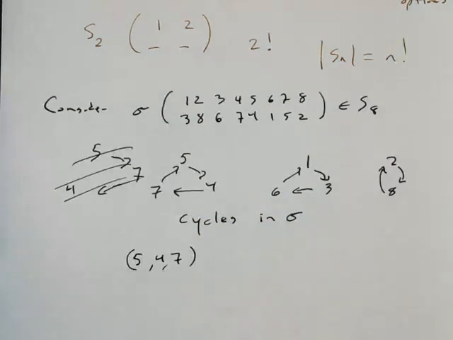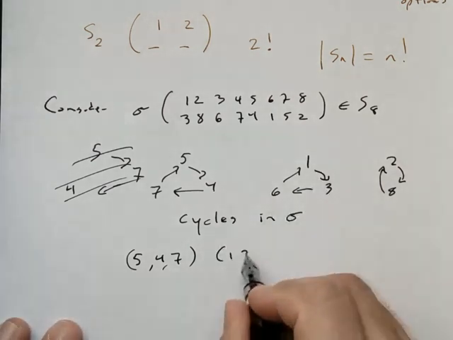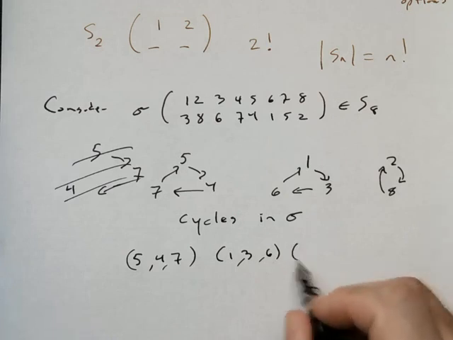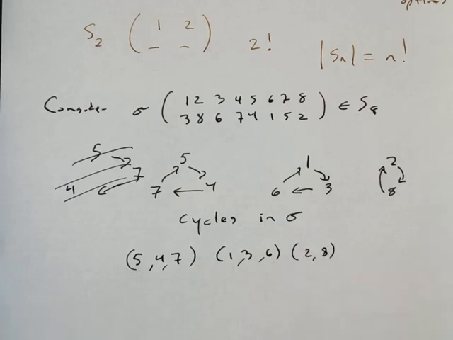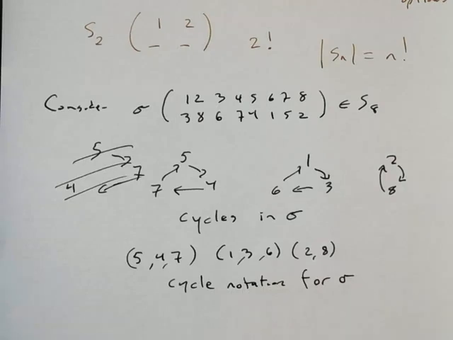And I can think of every time I do this, I march 1 unit to the right. And then I would have another cycle here. 1 goes to 3, goes to 6. And I have another cycle here. 2 goes to 8, back and forth. So this is called the cycle notation for sigma.